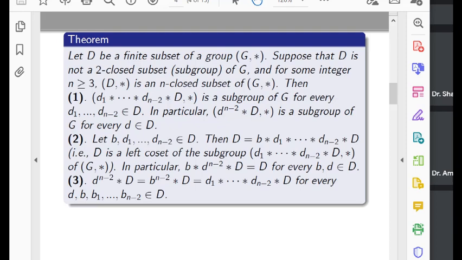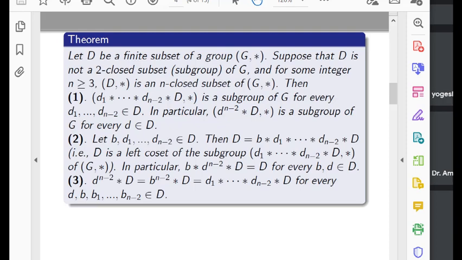So I assume D is not. And for some integer n bigger or equal to 3, I know that D under the same operation is n closed. Then I can construct subgroups of D. How? Remember, D is not a subgroup of the bigger one.